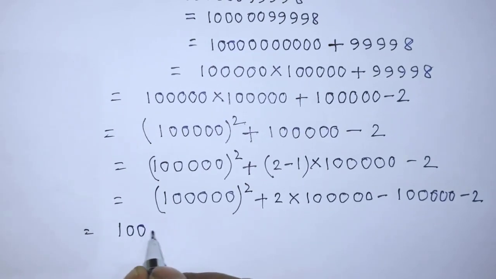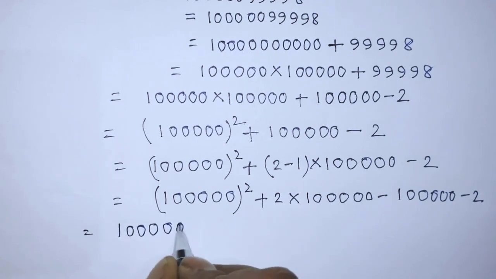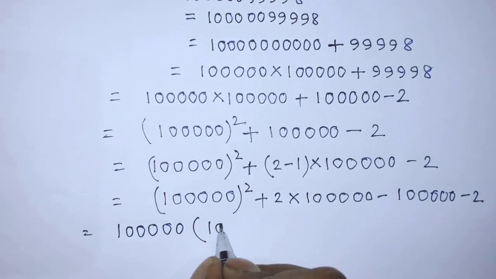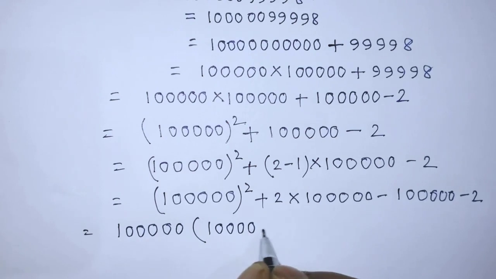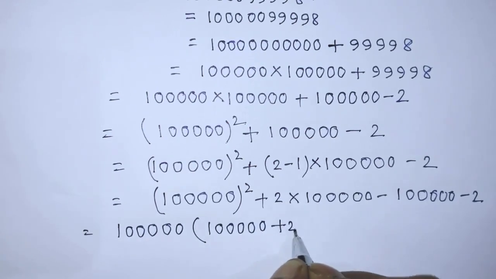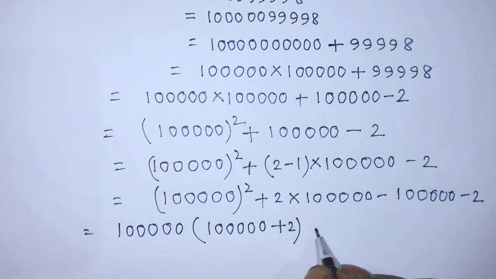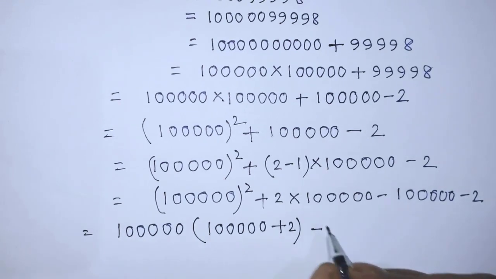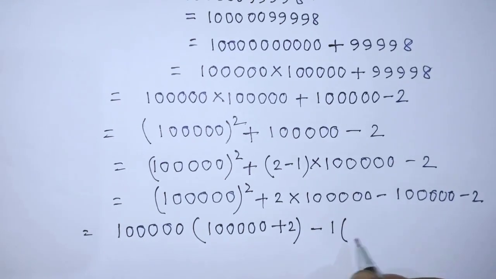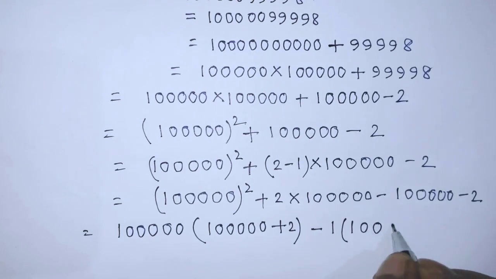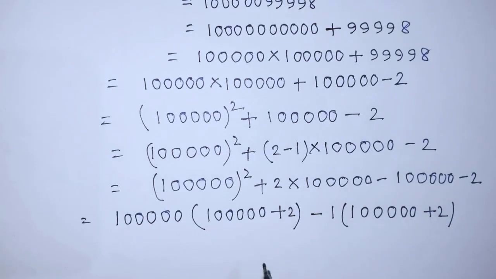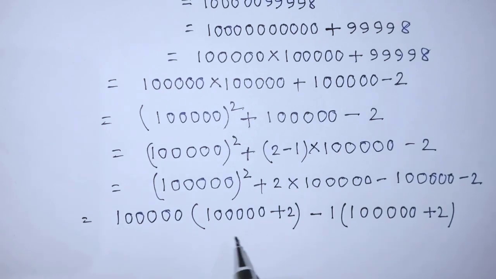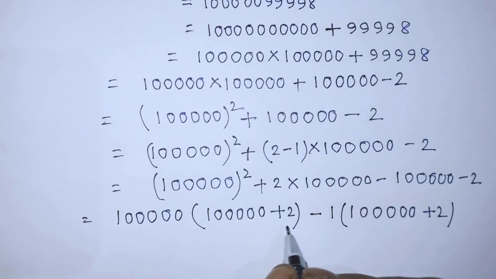Now we can write 1 lakh times 1 lakh plus 2 minus 1 times 1 lakh plus 2. Students, in both terms the common factor is 1 lakh plus 2.